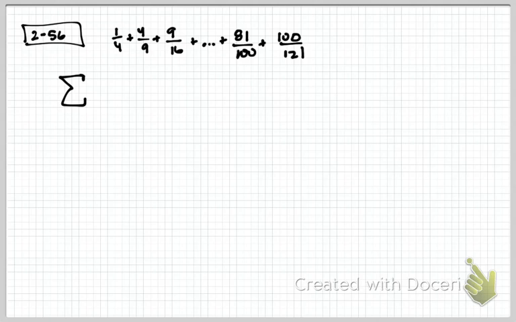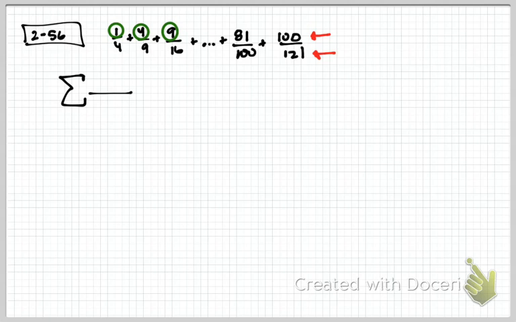Well, we got to look for patterns, and the best thing with fractions is look for a pattern on the top and a pattern on the bottom. So when we're actually writing our summation, we're going to have a fraction in it. If we look at the top first, we notice that 1, 4, 9 is not increasing by a common difference. It goes up 3, then 5. But it does look like these are perfect squares, 1, 4, 9.